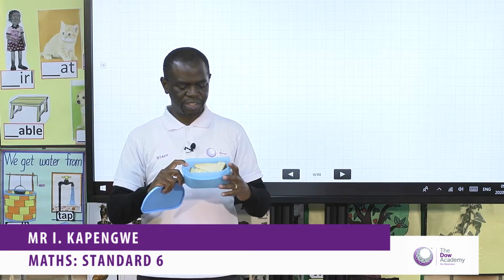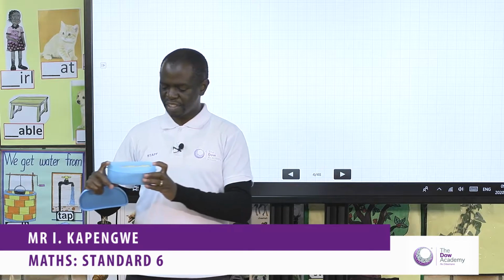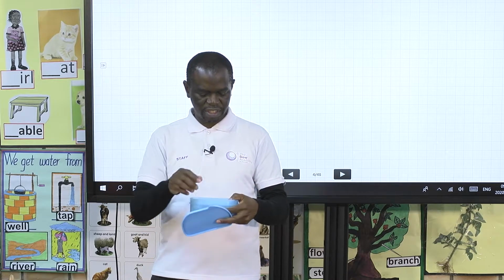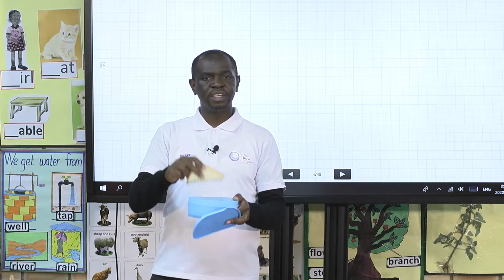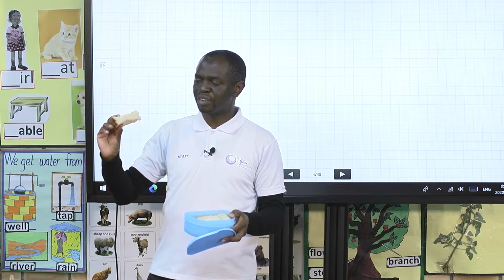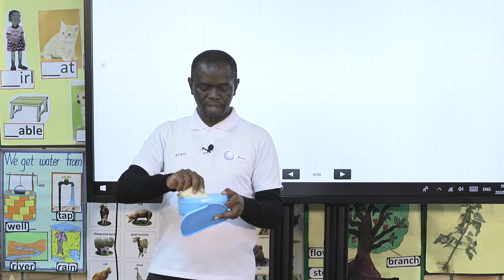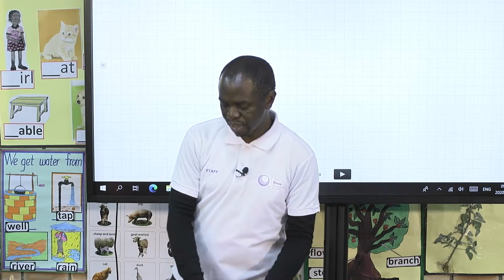A sandwich is a very favorite piece of food that people want to eat at break time. So most of the kids like sandwiches, and a sandwich, if I take it out, you can see it's shaped in a triangular form. So there are many things that we can relate to in our environment which are triangular.